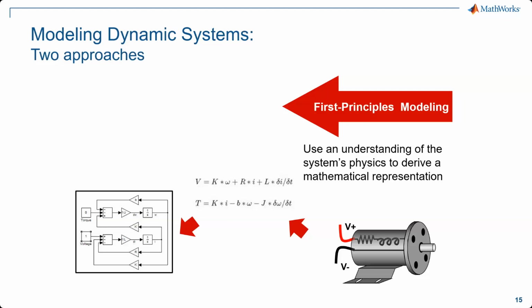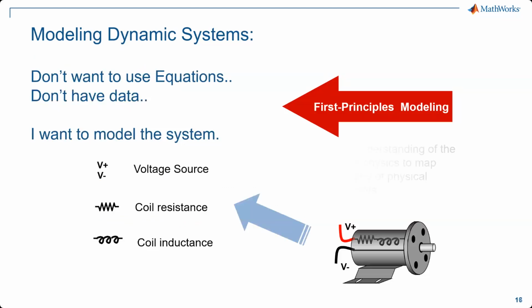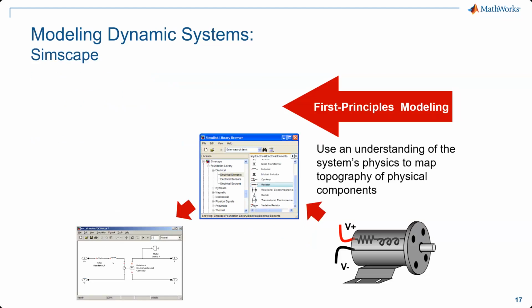Okay, so now two approaches we have discussed. One is the data-driven method, and the second is the first principle model method. And now the third very important part, I would like to introduce you to something called the Simscape modeling language in MATLAB, where you actually have resistors, operational amplifiers, inductors, and mutual inductors.